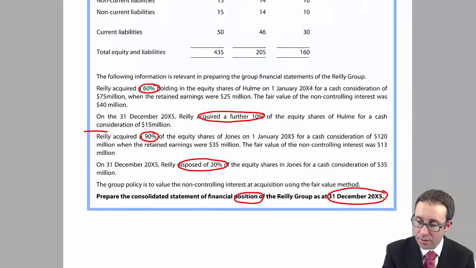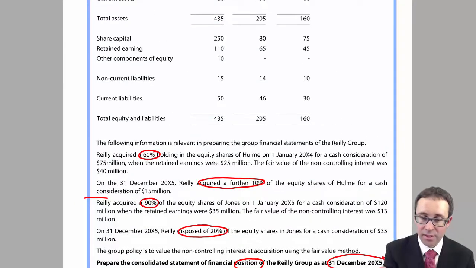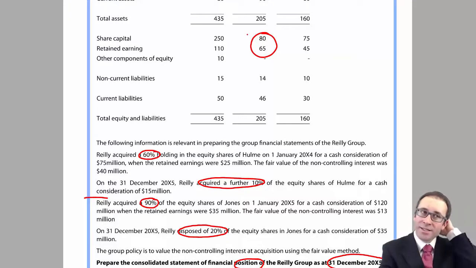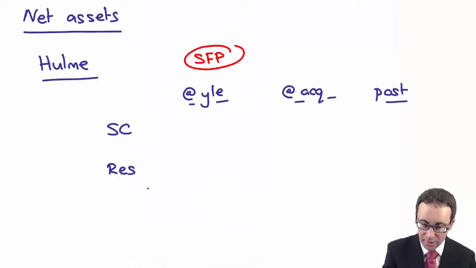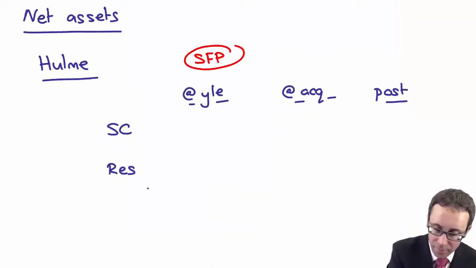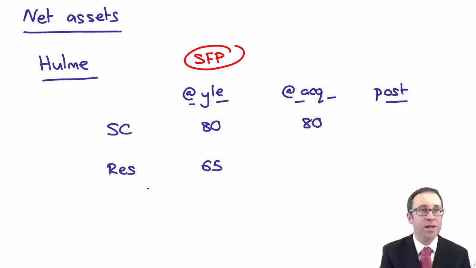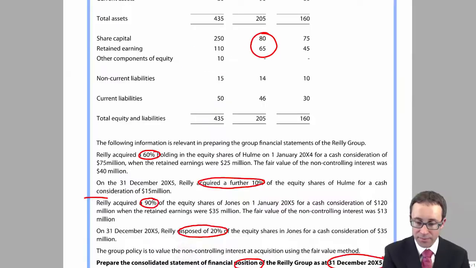don't we? So what we've got there, is it for Hume? We have, is it 80 and is it 65? So I can take my 80, I can take my 65, I copy across the 80, and I need to find out the retained earnings at the date of acquisition.